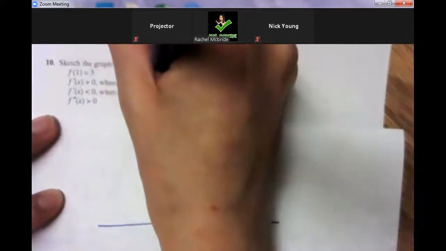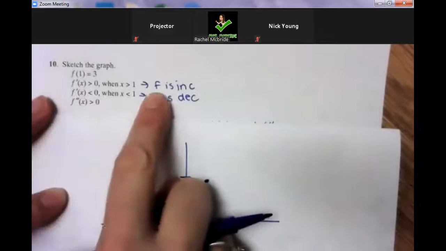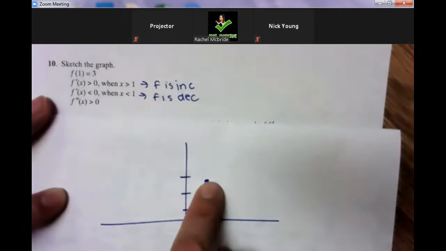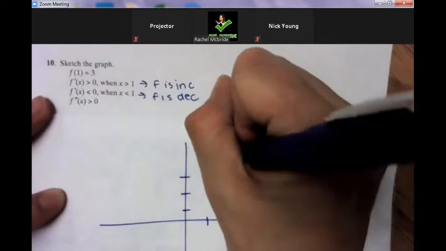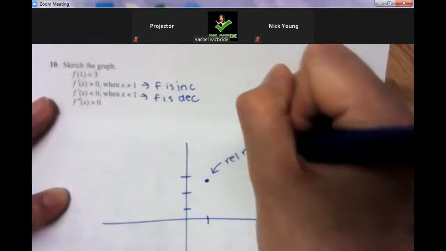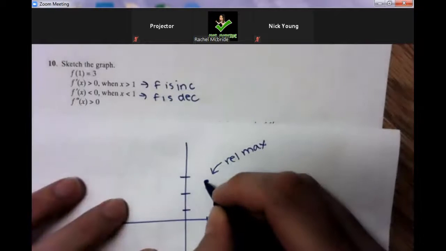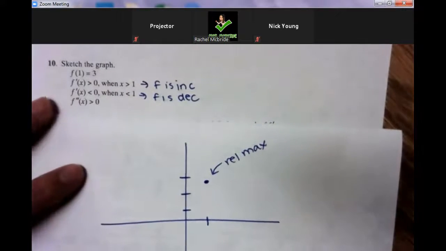So what that means is that f is increasing. Here, f is decreasing. So if my graph goes from increasing to decreasing, on the original, that makes this point right here a max. So what that tells me is that I need my graph to reach that point, but then go up and come back down.